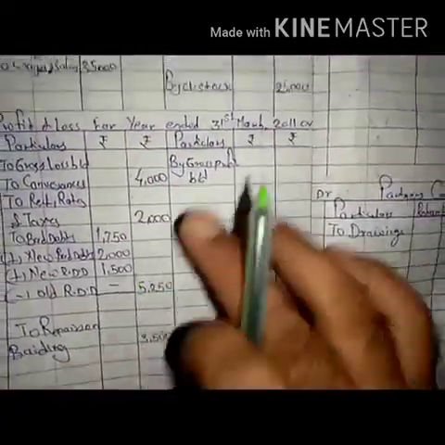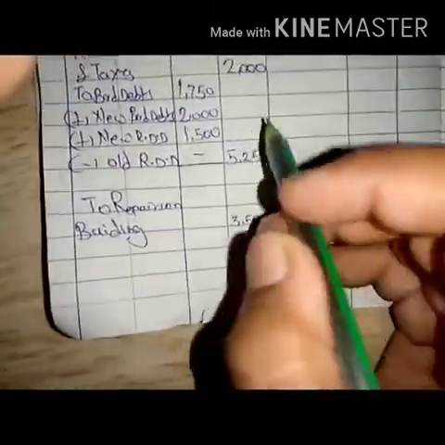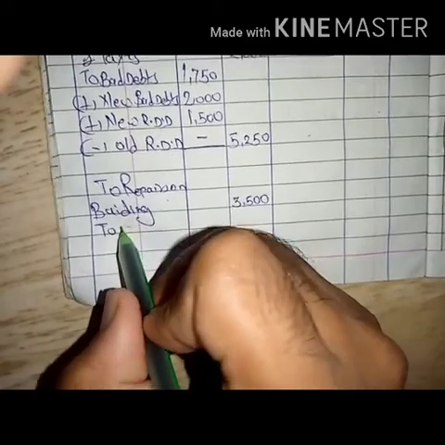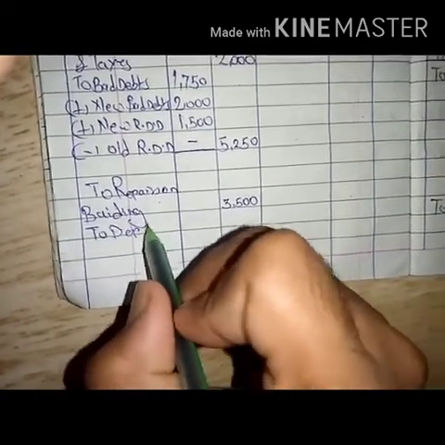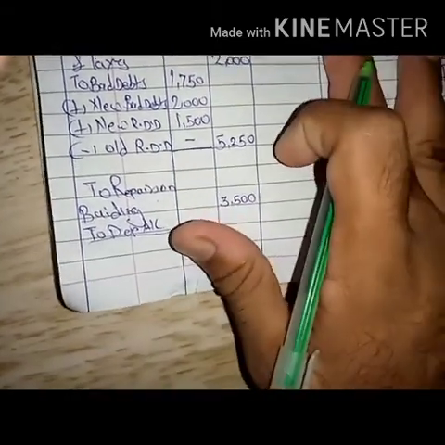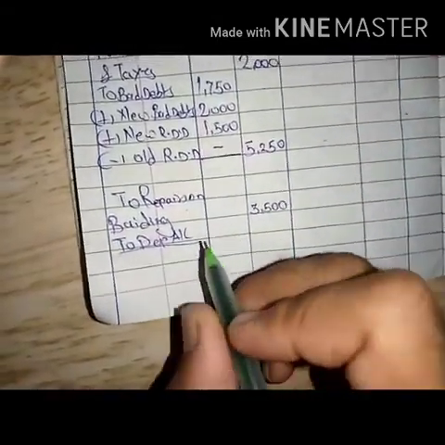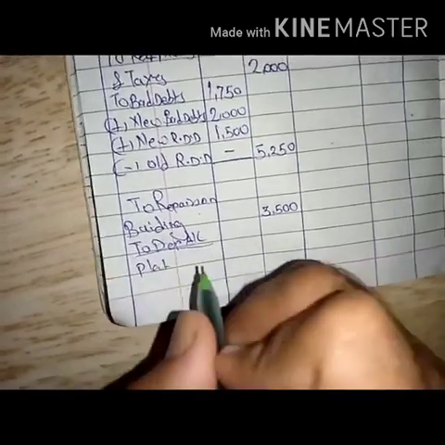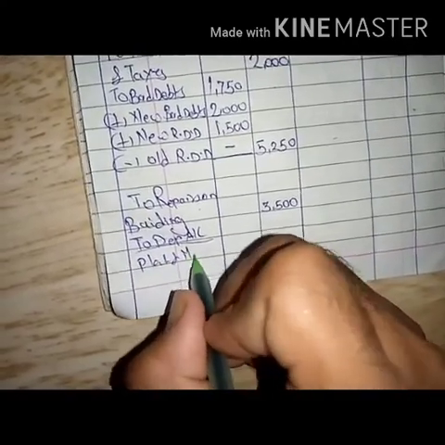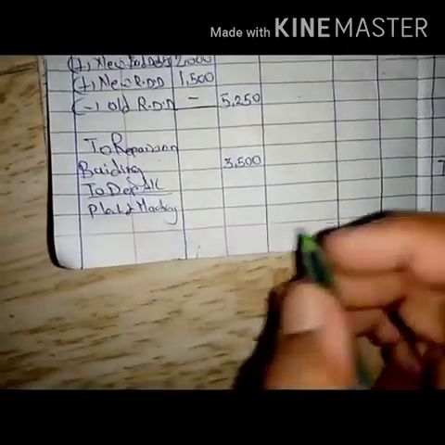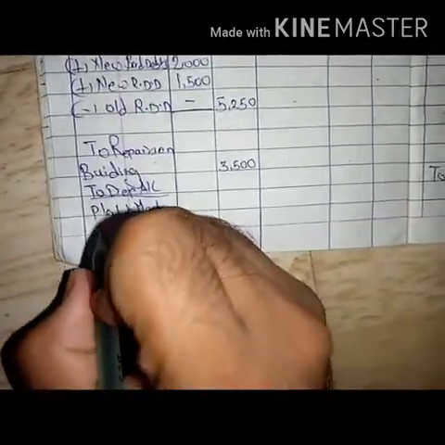I have a little space over here. To depreciation account, we are going to merge it because there are multiple items. First is plant and machinery. You can write it in any order. It is not given which order should be followed.